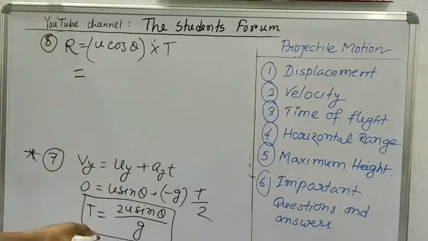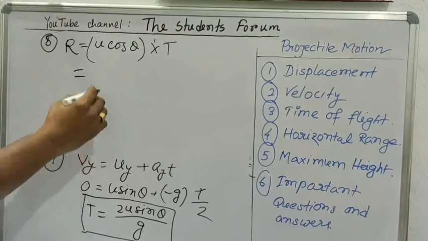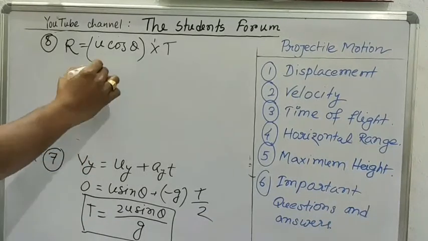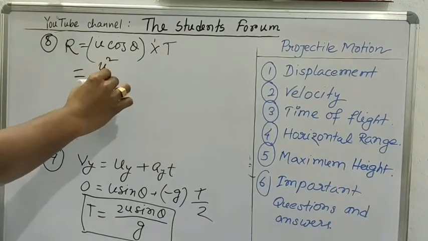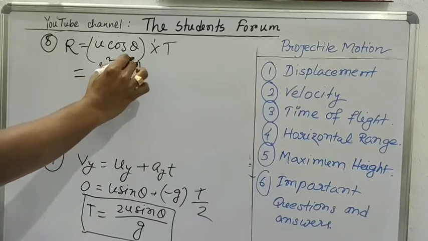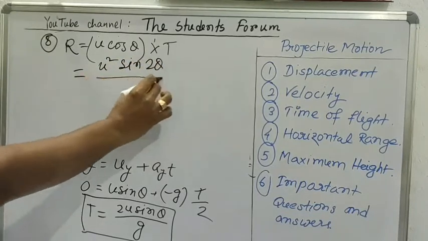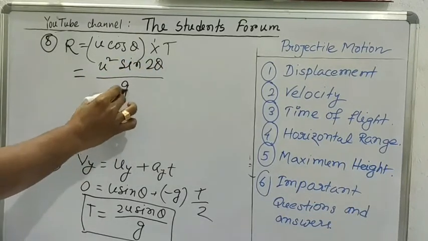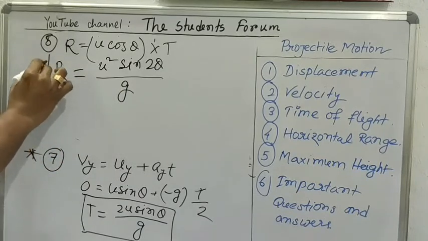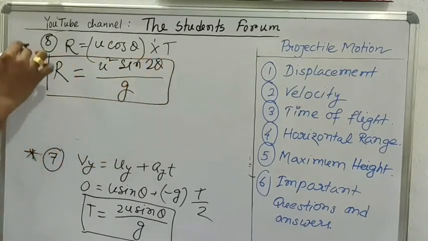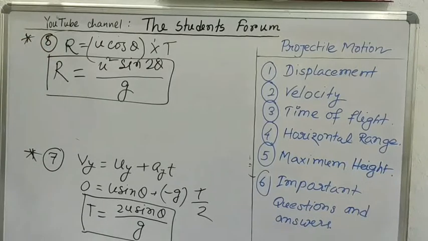As we know the time of flight is 2u sin theta by g, the final form will be u square sin 2 theta divided by g. This is also most important.